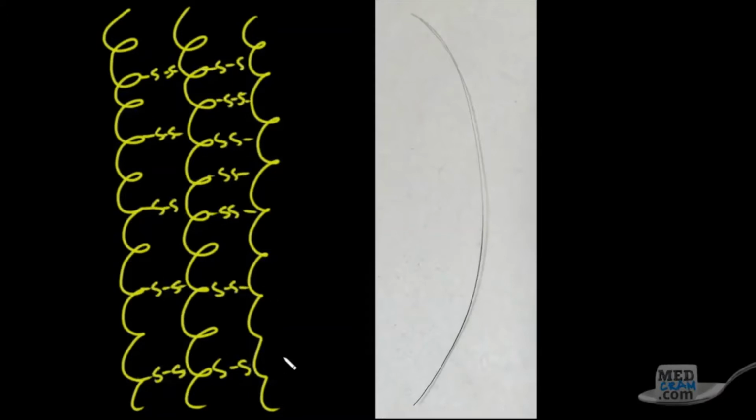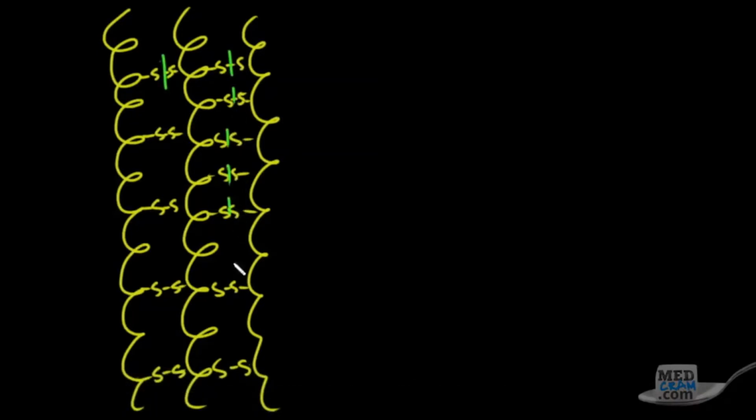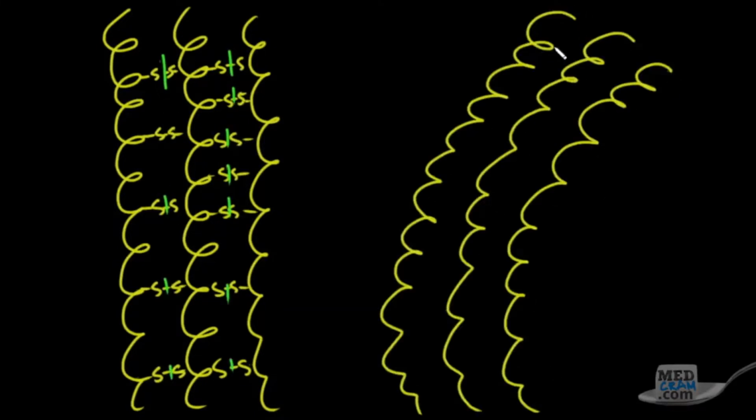And then what happens when you go for a perm is it's basically a reducing agent, and you break all of these disulfide bonds and you put H's on them. And then you bend the hair, so it's like this. And then what happens is you neutralize the perm agent by putting hydrogen peroxide on the perm agent. And what happens is the new disulfide bonds will form, keeping the hair with its curl.